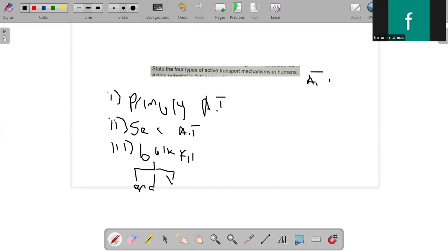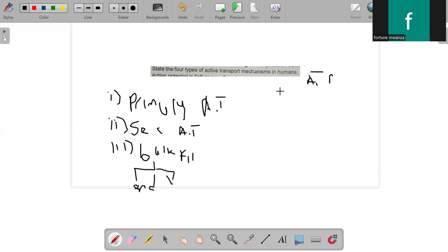And remember, in passive, particles were moving down the concentration gradient. Here, particles will be moving against the concentration gradient.